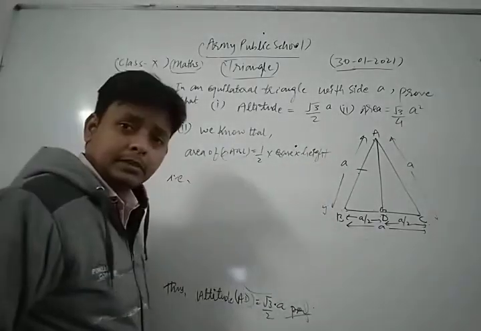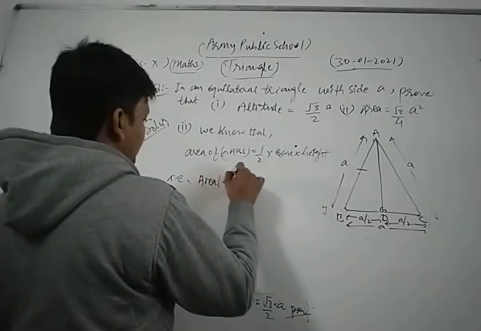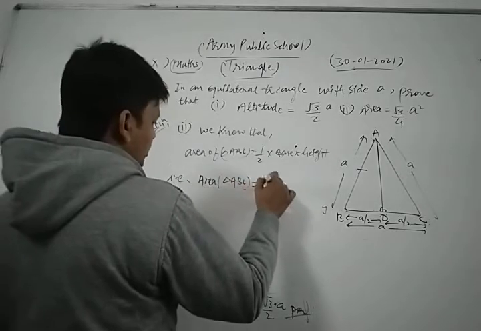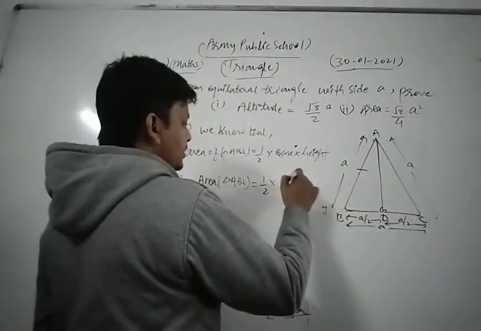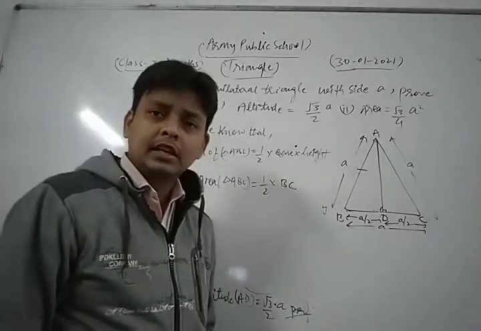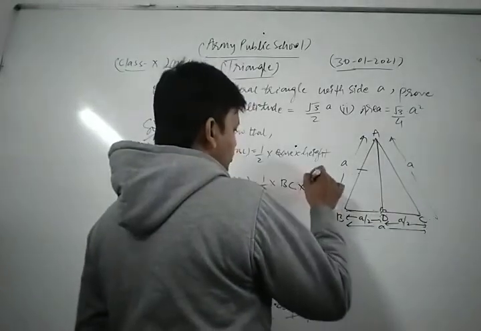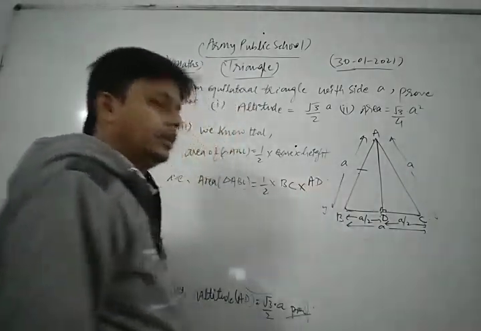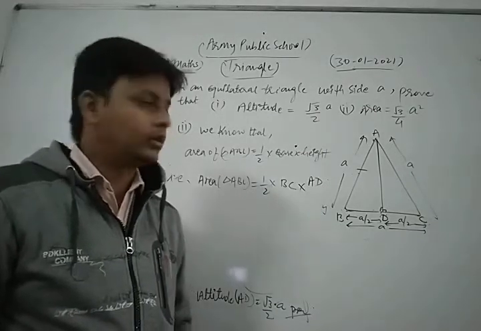From that figure ABC, the area of triangle ABC is equal to 1 upon 2, base is BC, and height or altitude is AD, into AD. This is the formula for that. The area of that triangle is 1 upon 2 base into height.